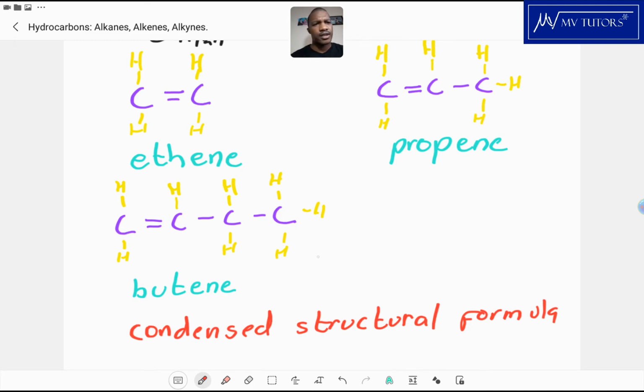You've got 1C and how many H's? 2 H's. This one has 1, then the double bond, then 1C, 1H. The next one has 1C, 2 H's. And the last one has C with 3 H's.